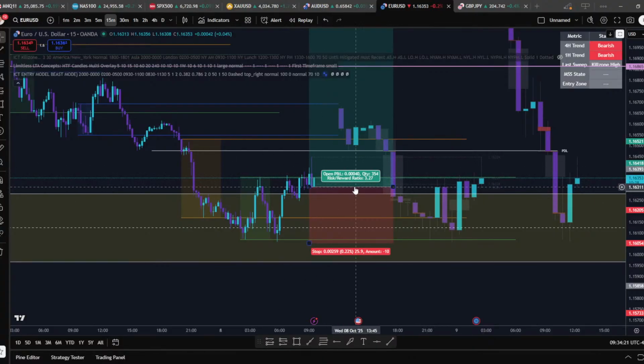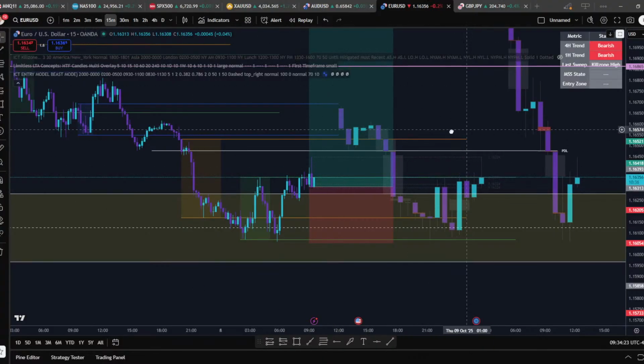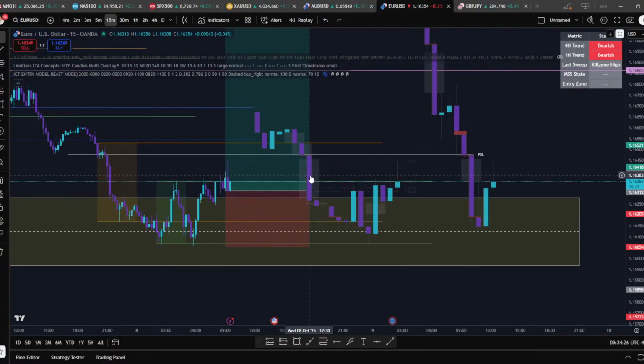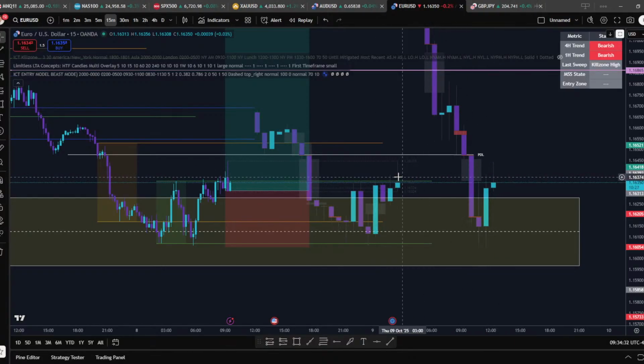This one I'm not too sure about. The reason why I'm not sure about it is because you have an hourly fair value gap here and a 4-hour fair value gap here, and both of them are being respected. So until this inverses, this is not a safe trade.